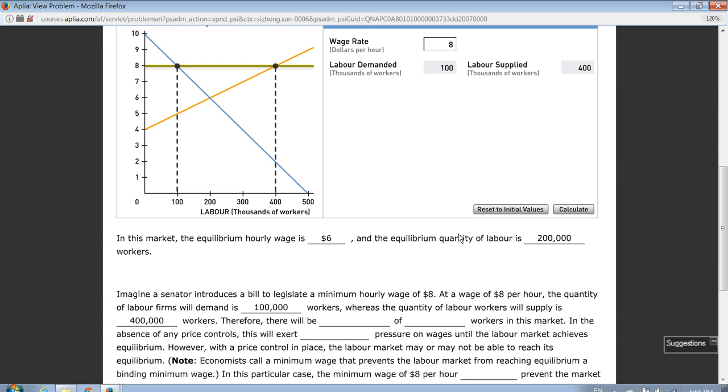Therefore, there will be a surplus of 300,000 workers. In the absence of any price control, this would put a downward pressure on wages, because there is more supply than demand, until the labor market achieves its equilibrium.